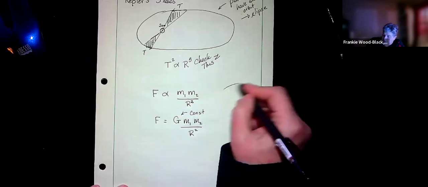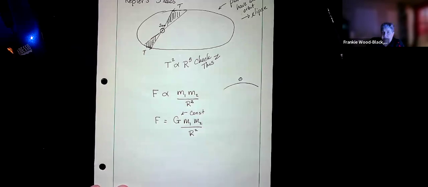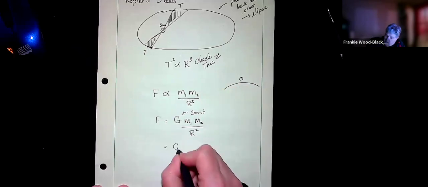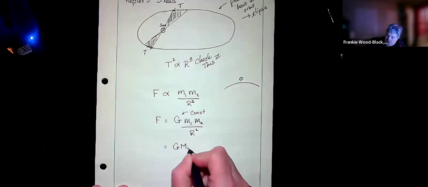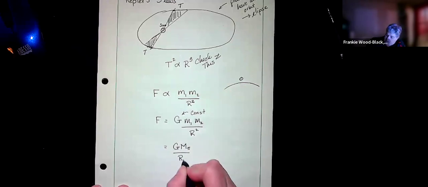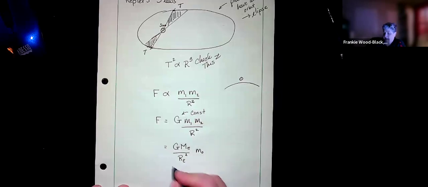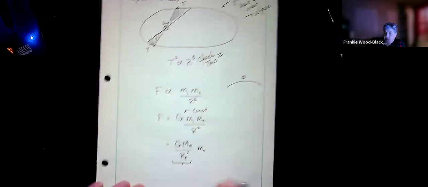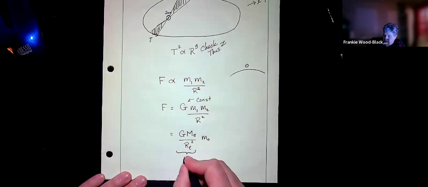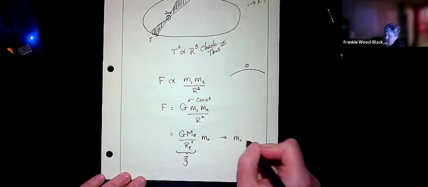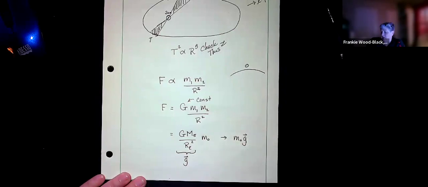But if I'm sitting here on Earth and I've got my little object, those two things are so small that I get my universal gravitation: the mass of the Earth divided by the radius of the Earth squared, times the mass of my object. And this for Earth becomes my acceleration due to gravity. That's what gives us our weight, the mass of the object times the acceleration due to gravity.